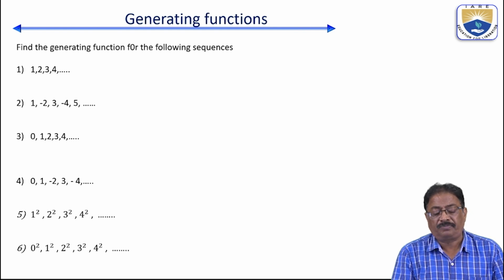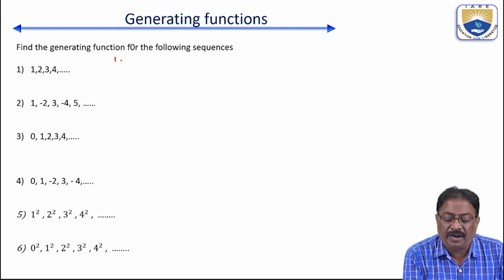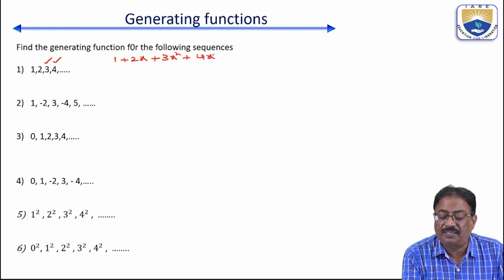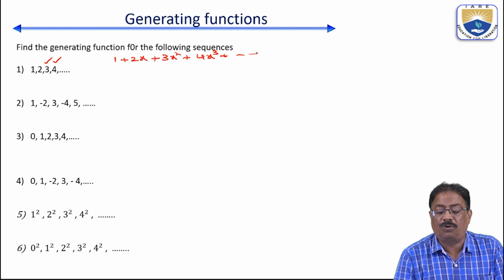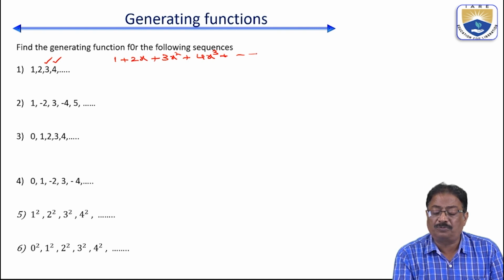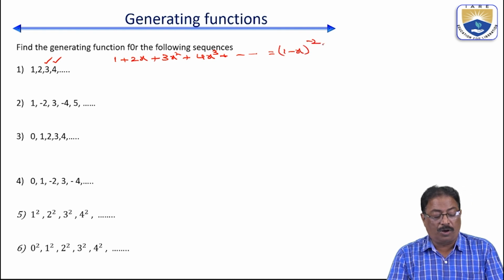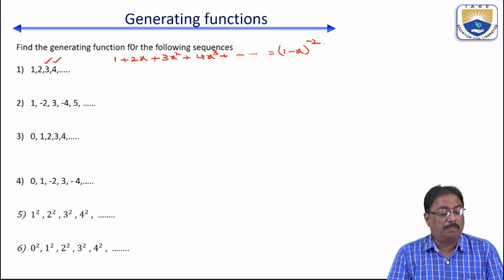Here, the constant term is 1, the x coefficient is 2, the x square coefficient is 3, the x cubed coefficient is 4, and so on. This is nothing but an expression of the form 1 minus x whole to the power of minus 2.